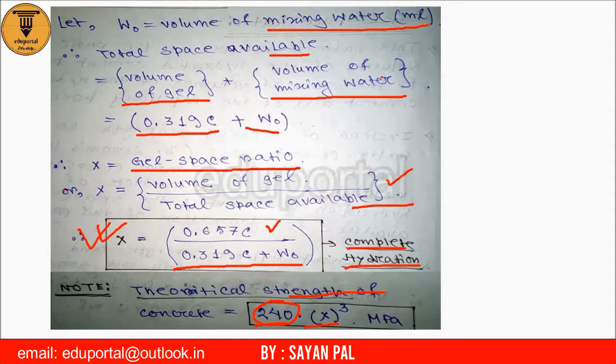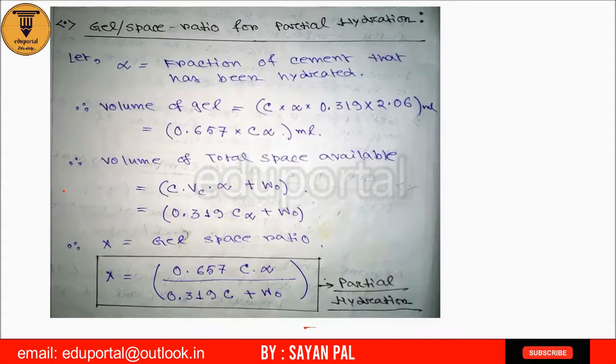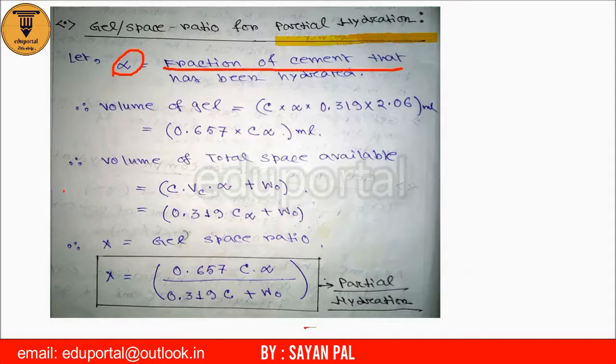Now we will study the same for partial hydration. The previous one was for complete hydration and this is for partial hydration. Here the only thing is that we have to introduce this factor alpha, which is the fraction of cement that has been hydrated. So we will multiply alpha with the volume of gel, so it will be 0.657 C alpha ml.